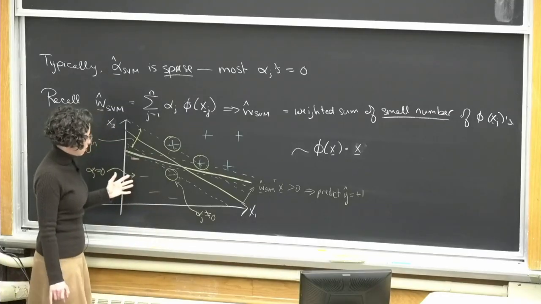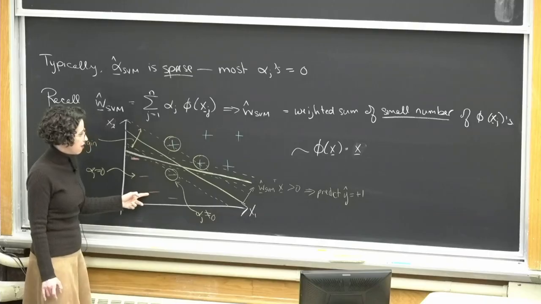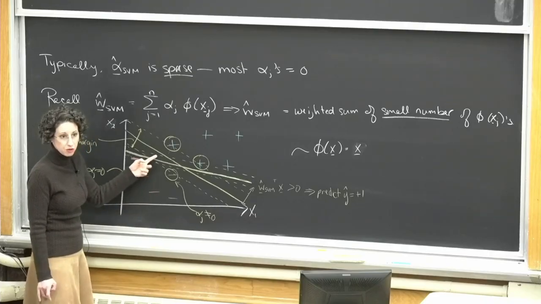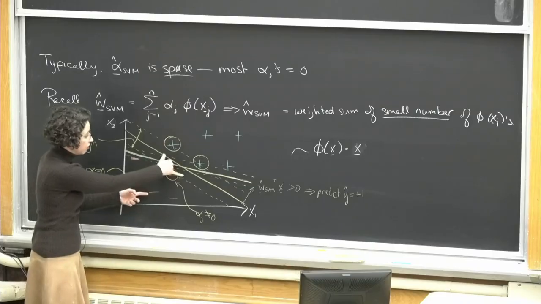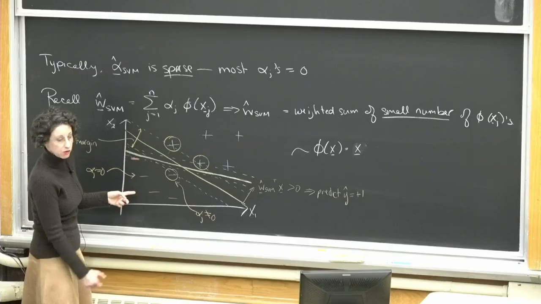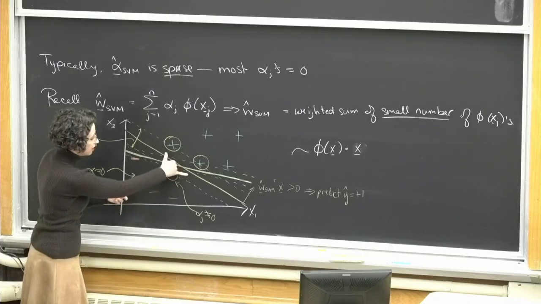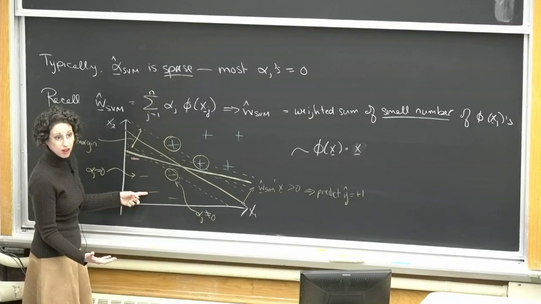And that's maybe illustrated with this example, right? These samples out here are having very little effect on where the decision boundary is. I don't want to change the angle of my decision boundary based on a point that's way out here, nowhere close to the decision boundary, because no matter how I rotate this decision boundary, this point is going to remain correctly classified.